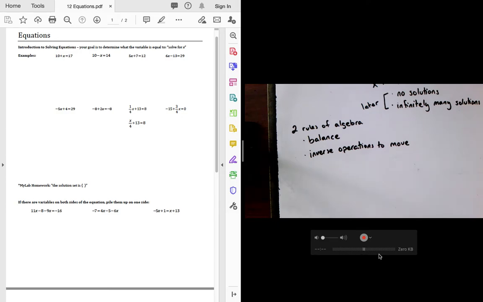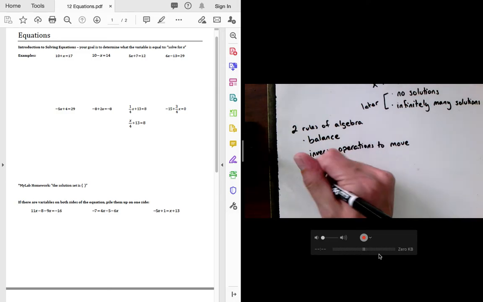And so in order to move those pieces or to trim them away, we use the opposite operation of what's happening on that side. So if we have a plus 2 and we want to move that plus 2 out of the way, then we would subtract 2 from both sides. If we had a multiplication, maybe 1/2 times x, we'd want to move that 1/2 out of there by doing the opposite of multiplication, which is division.